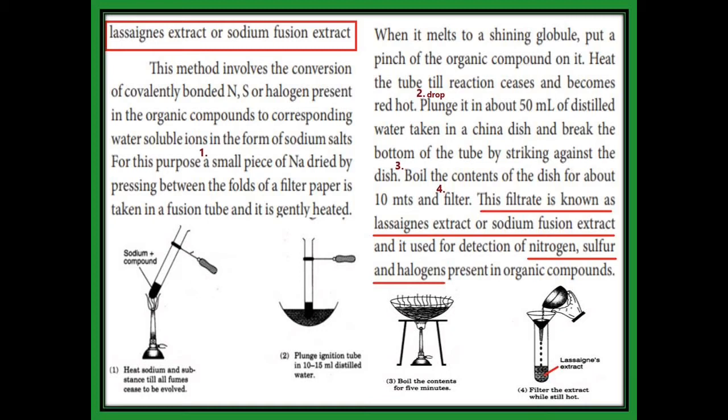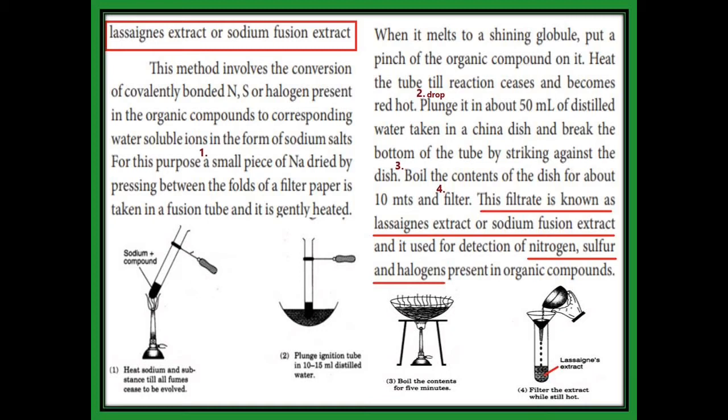In that china dish the fusion tube is broken, and then the china dish containing the broken pieces of the fusion tube, its contents are heated. It is the third step. What does that mean? Boiling the contents of the dish for 10 minutes.